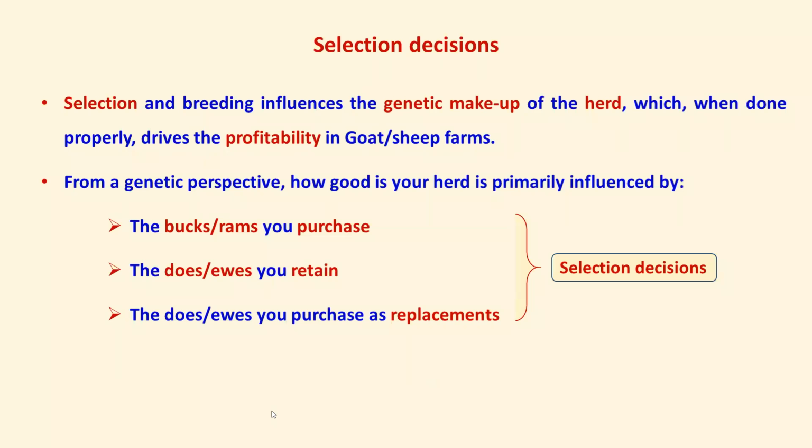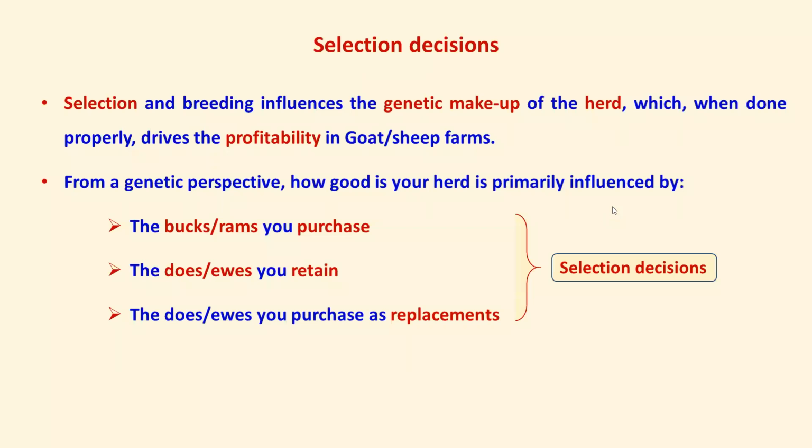This is the first stage where you apply the concept of selection, while purchasing bucks and rams. Secondly, when you take a decision to retain or cull a female animal from your farm, you have to apply the basics of selection and animal breeding.